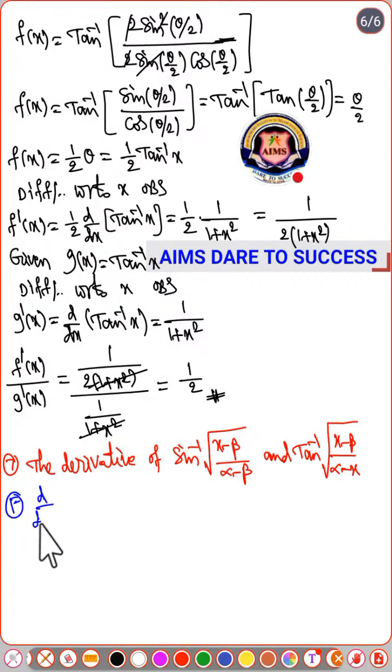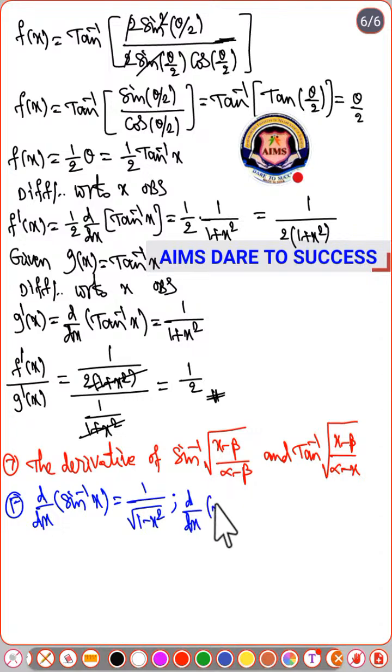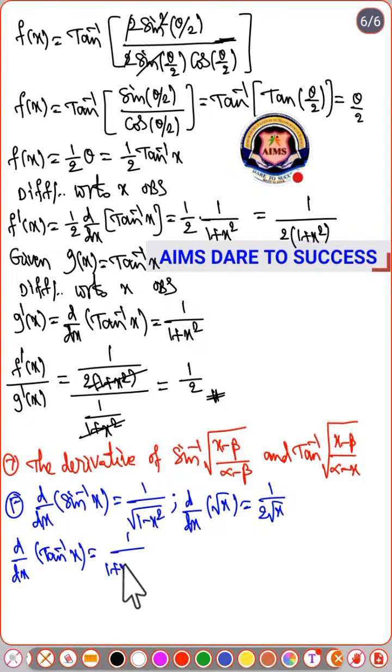First of all, d by dx of sin inverse x is 1 divided by under root 1 minus x square. Next, d by dx of root x is 1 divided by 2 root x, and then d by dx of tan inverse x is equal to 1 divided by 1 plus x square.